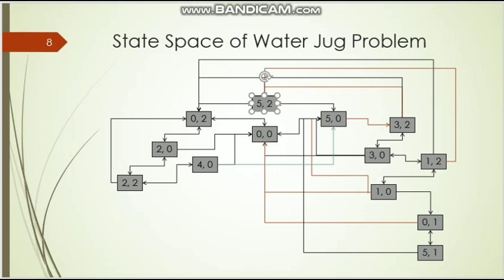How can we get that solution? We need to draw the state space. But before drawing the state space, we need to have some rules, some protocols through which we can draw the state space, right?